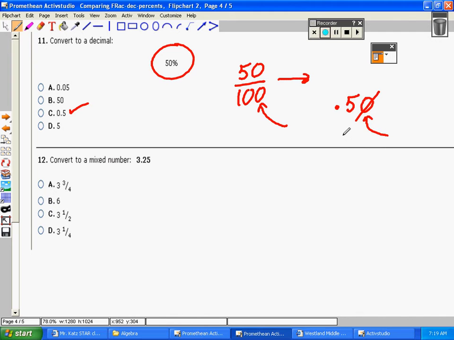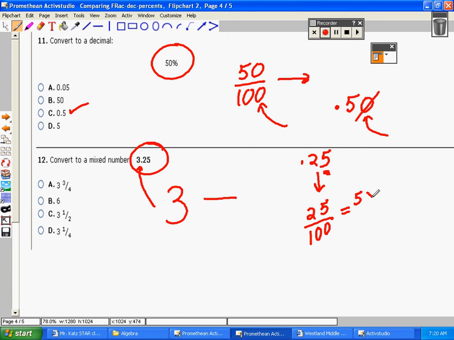Now, next one, convert to a mixed number, 3.25. Now, you're just going to read this separately. When you have a mixed number, the whole number doesn't change. So the whole number was a 3, it still is a 3. Now, we just have to turn 0.25 into a fraction. Remember, what place does it end in? 25 hundredths.